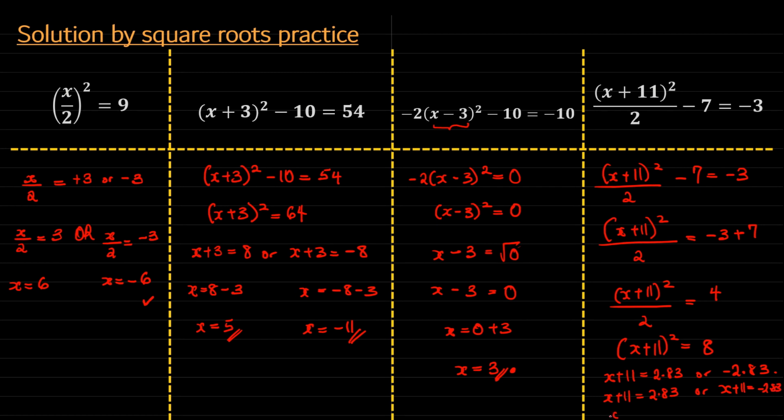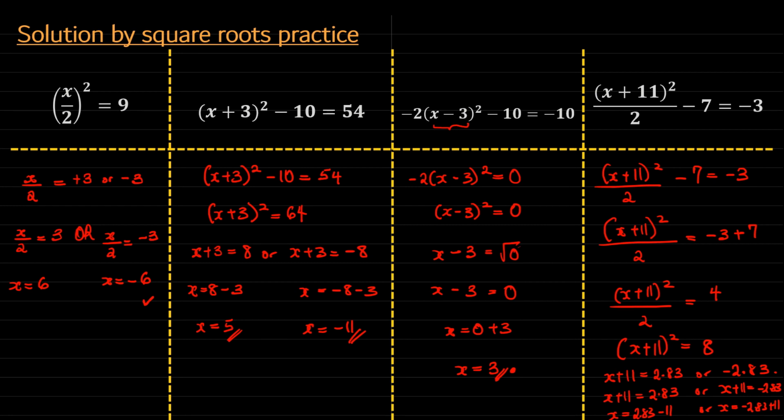Okay, good. So x would be equal to, if I move the 11 over, subtracting, 2.83 minus 11, or x is equal to minus 2.83 minus 11.